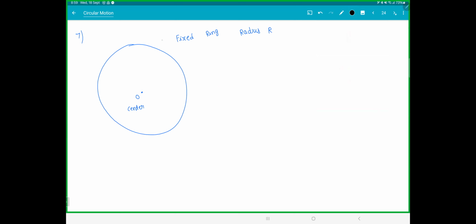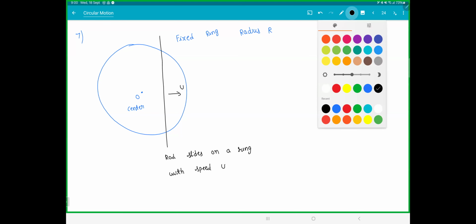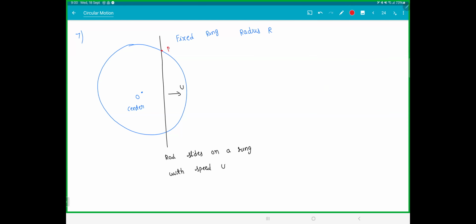On top of this, we have a rod which is going with a constant speed U. The rod slides on the ring with speed U. So we take this point P. P is the point of intersection between the rod and the ring. P is not exactly a point, it is just an imaginary one, the point of intersection of the ring and rod.